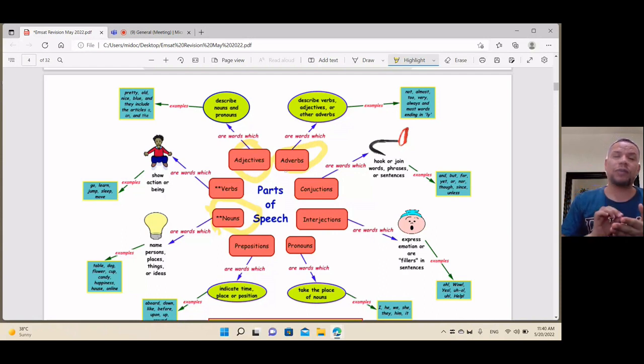I want to describe the sleeping. You say he slept fast, so you describe the way of the sleeping. He didn't take a long time to sleep. So this is an adverb: a word that describes a verb. An adjective is a word that describes a noun.